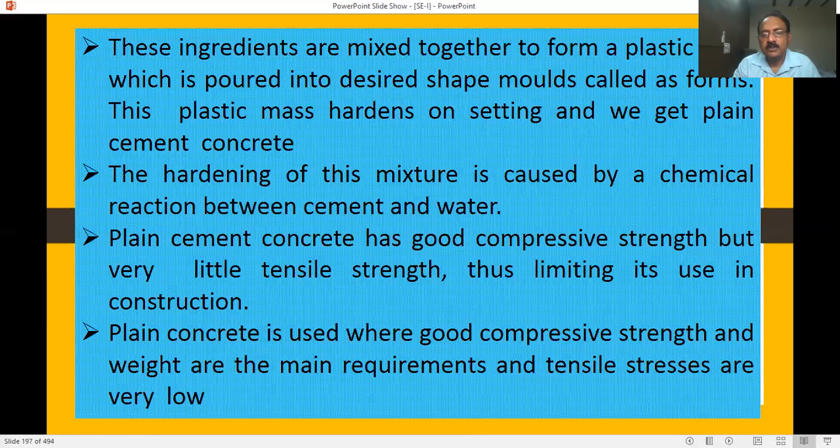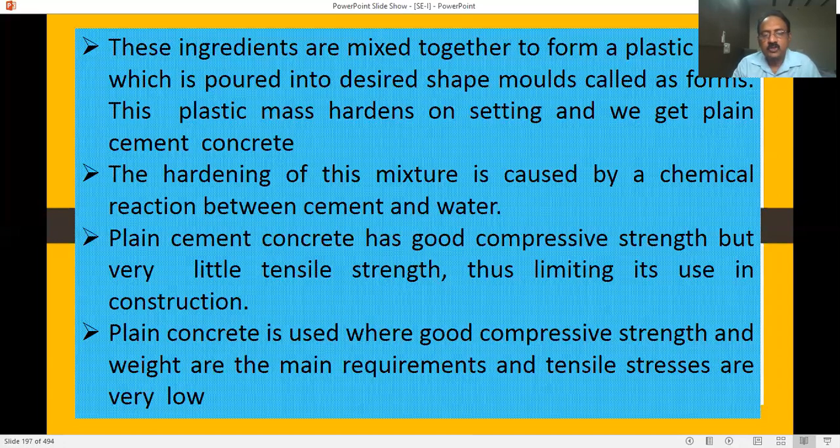You can use it for such small structures, but when the length is more, the plain cement concrete will fail due to its low tensile strength.